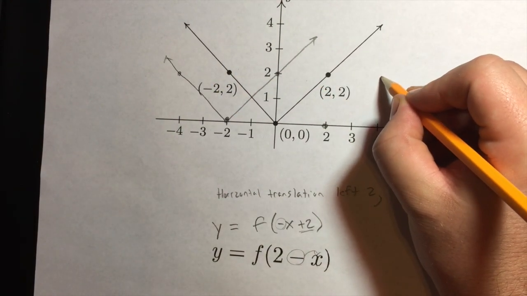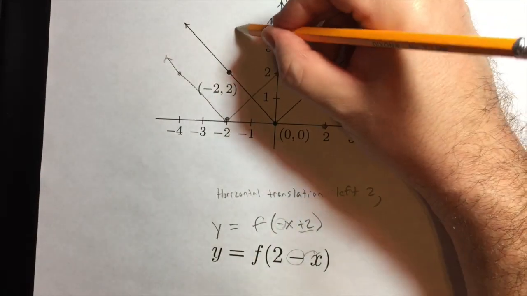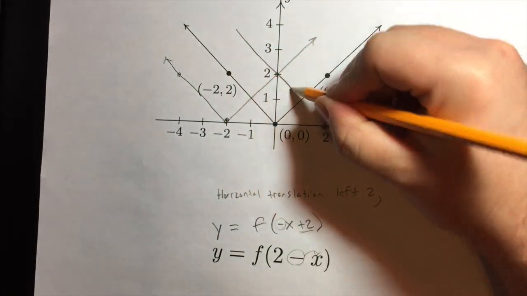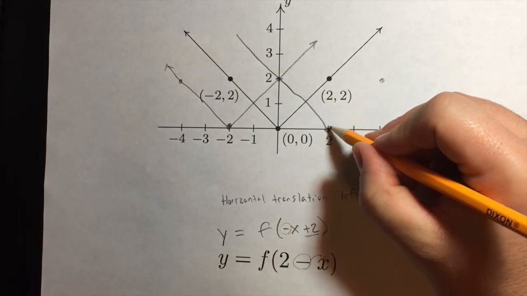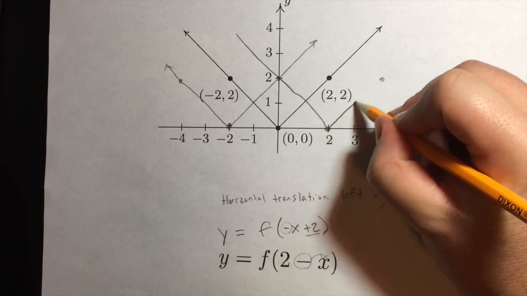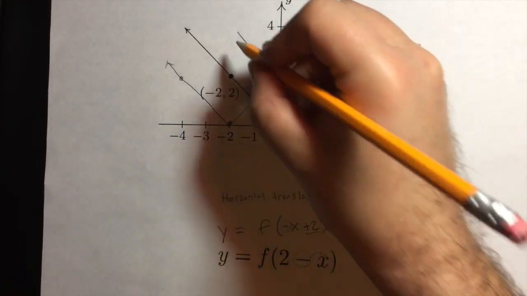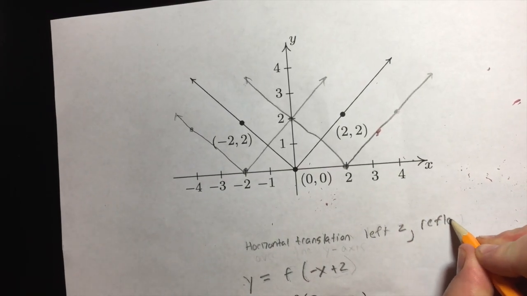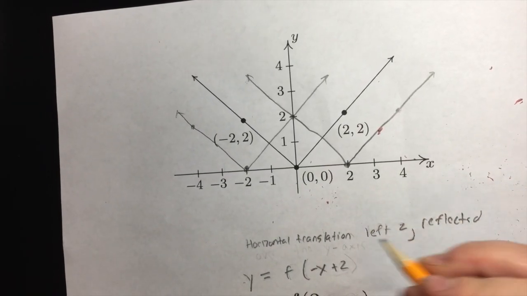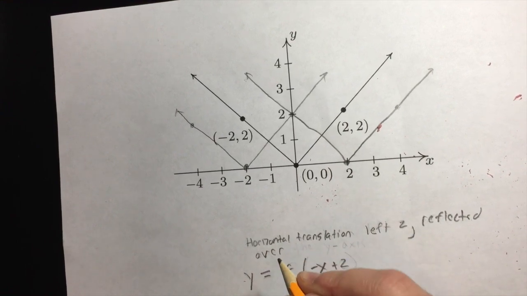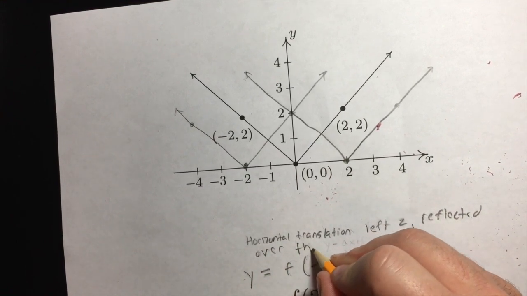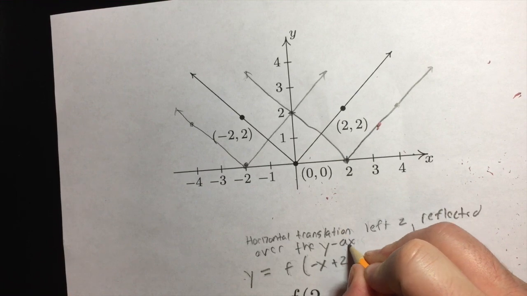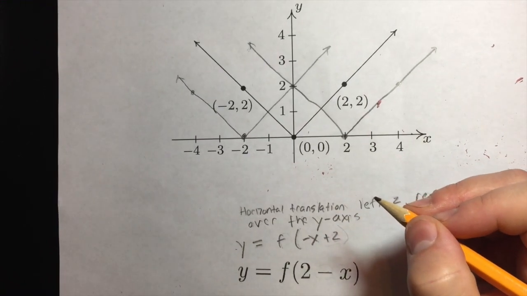What's happening here is the signs of the x values are changing. If it had been negative f of x, the y values would change sign. So we reflected it over the y-axis. And there we go.